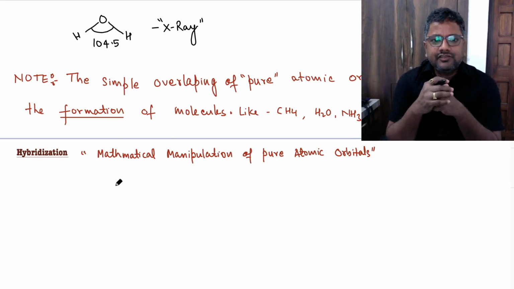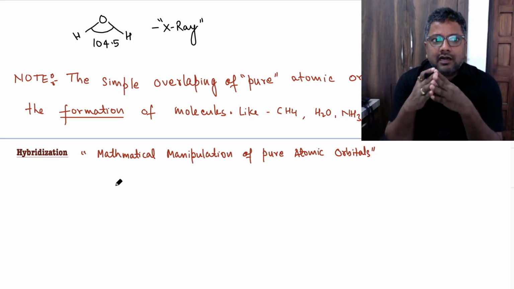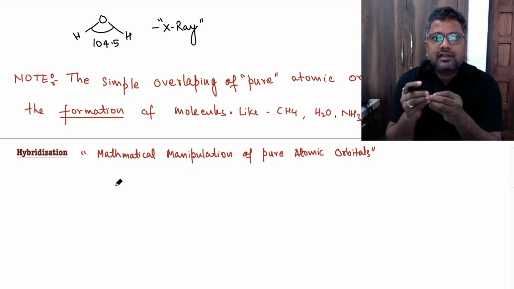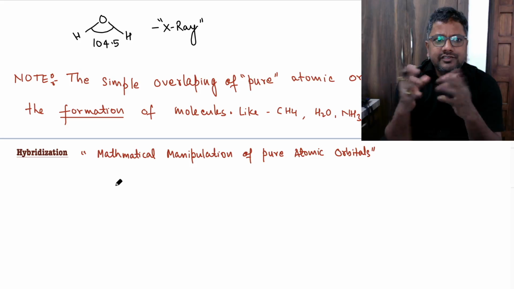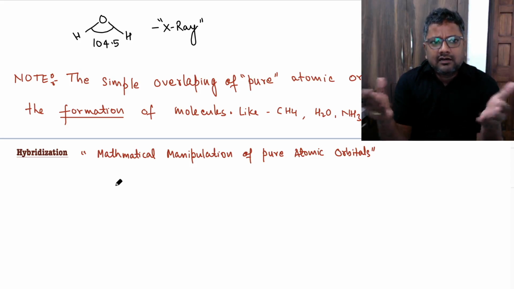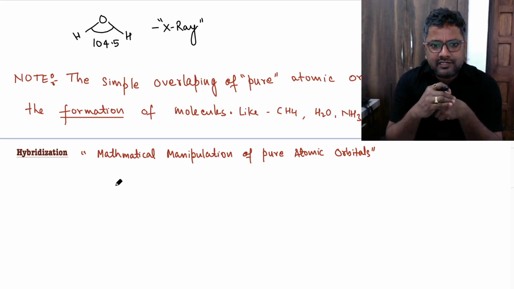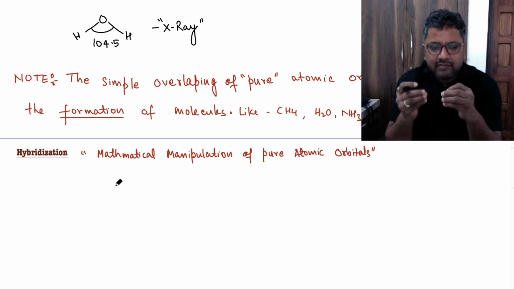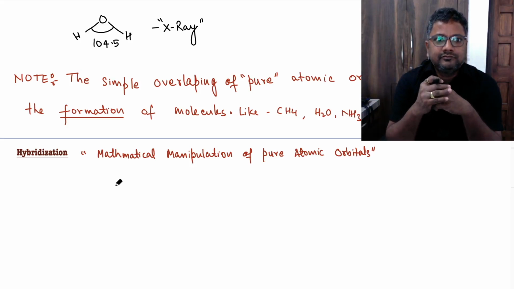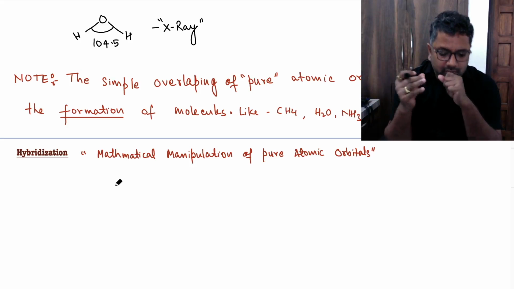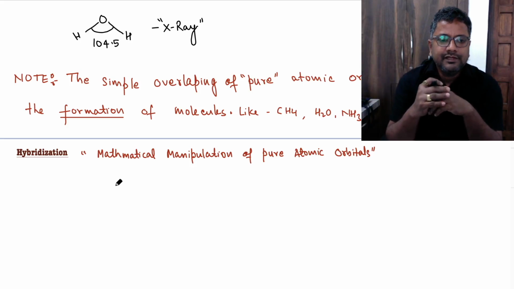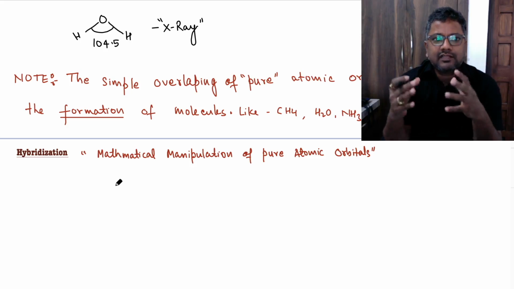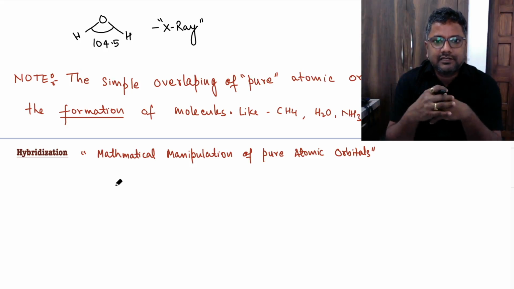So what are the key features of this hybridization? In this hybridization, it is suggested that atomic orbitals of a central atom, or an atom, not necessarily that every time you consider the central atom, all other atoms may also have hybridization. So in general, we can say the atomic orbitals of an atom in a molecule mix together as per the requirement of explaining the geometry.